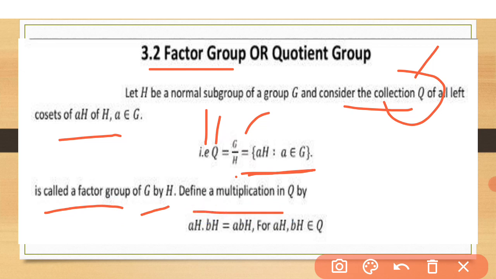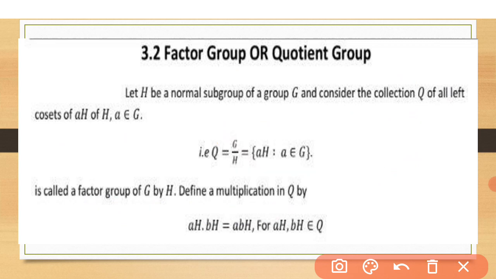Define a multiplication in Q like this. When we multiply two left cosets, it gives us again a left coset. So this left coset also belongs to Q. If these two left cosets belong to Q, then its multiplication also belongs to Q. Hence Q is closed.